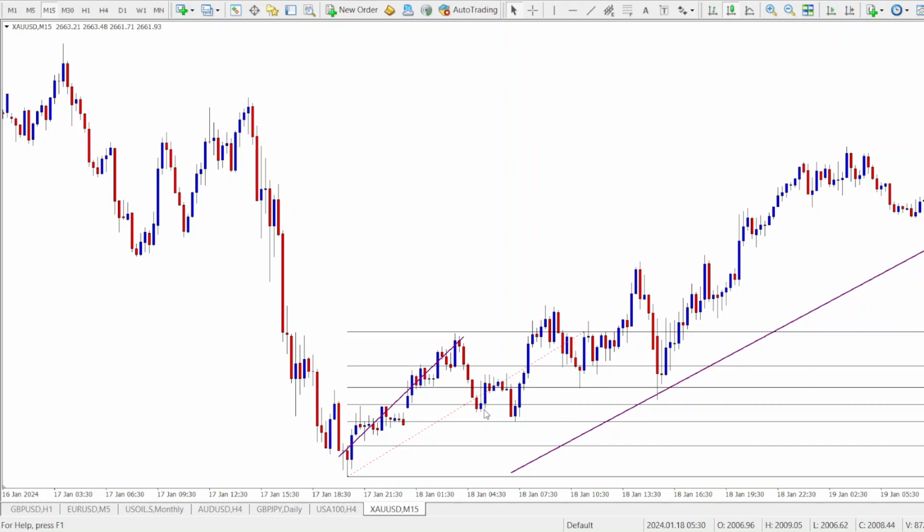Let's say we are in an uptrend, as we have here. If the price retraces to the 50% level, for example, and finds support, this could be a great place to enter a long position. For downtrends, you look for resistance at these levels for potential short entries.